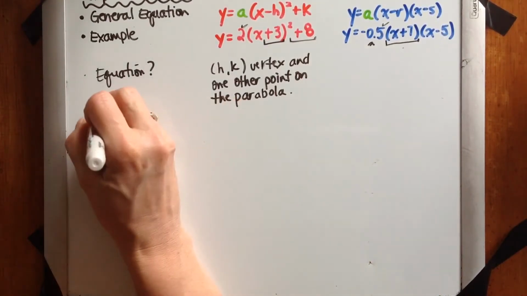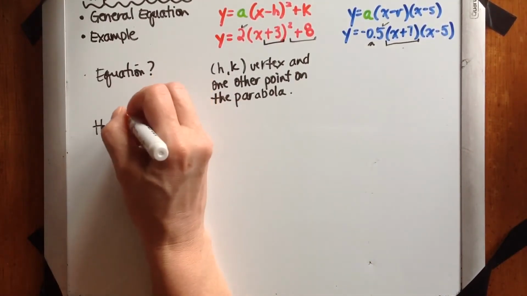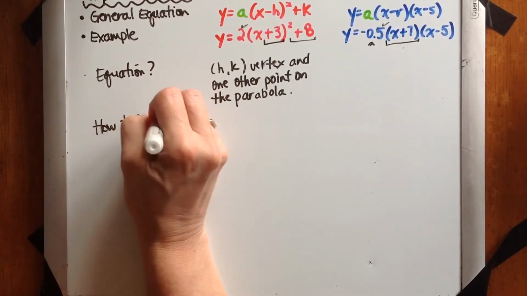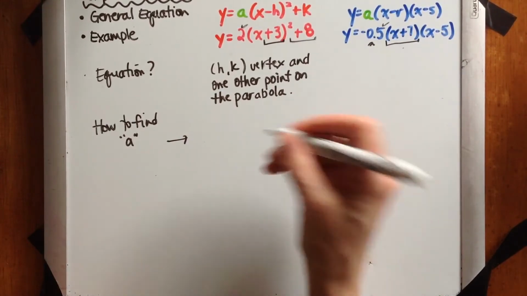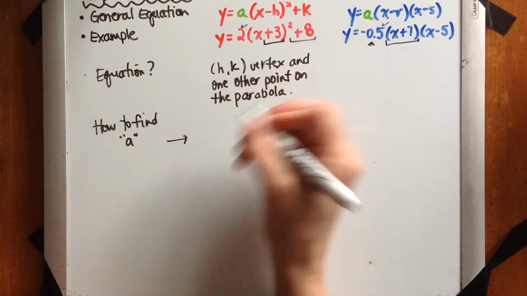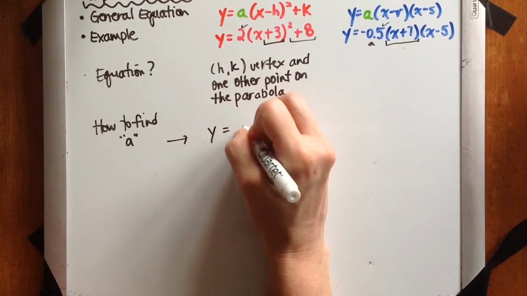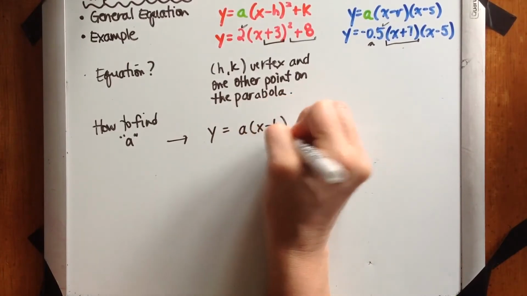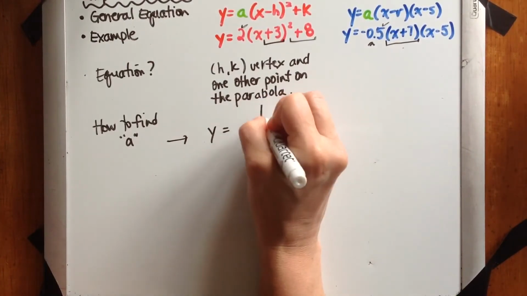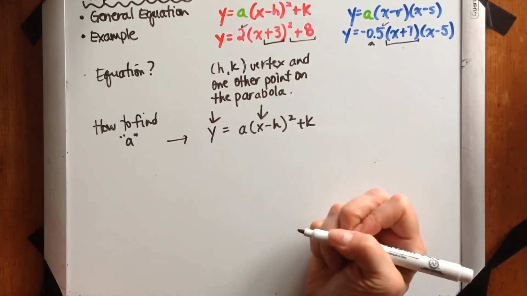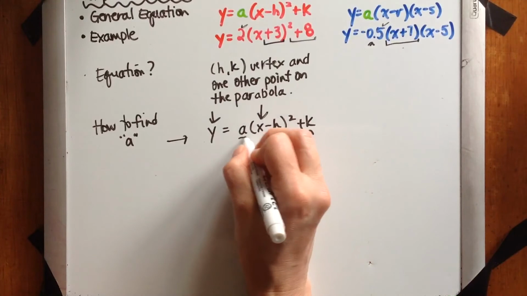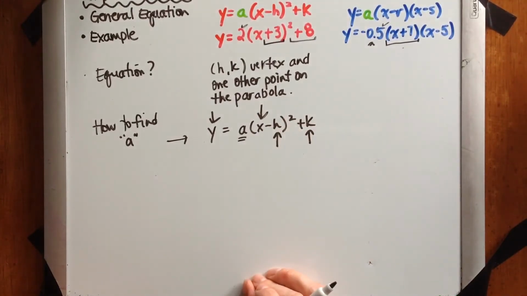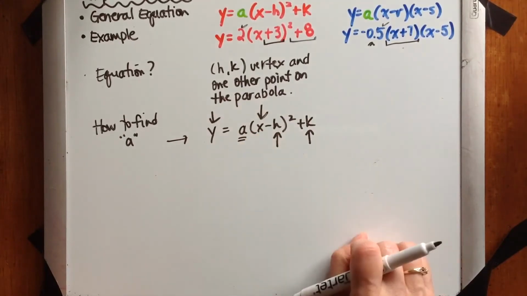Okay, how would you solve for a? You would sub it in. You would sub in your other point for x and y, and you would plug in your values for h and k from the vertex, leaving only the a to be solved for, and by rearranging it and solving it.